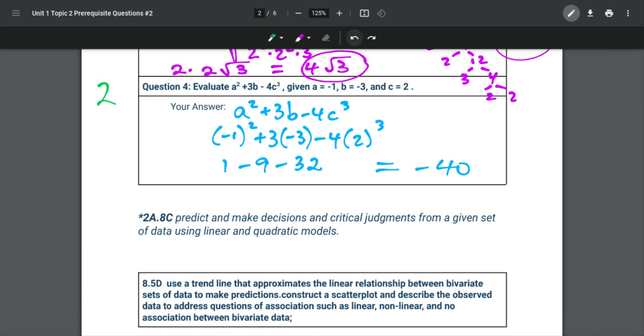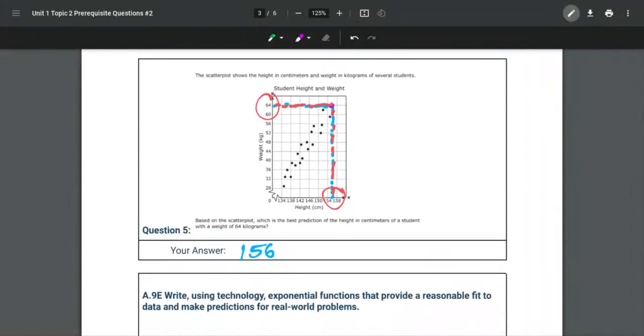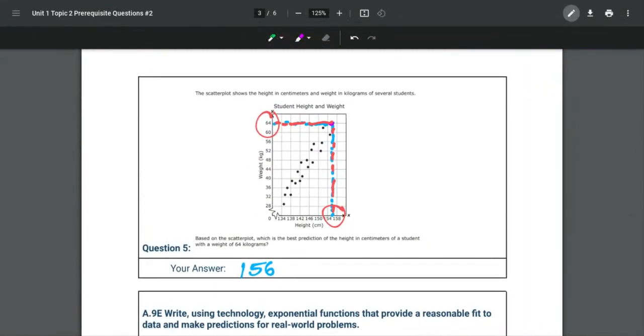That would be wrong. Anyway, -40. Cubed obviously means 2 cubed is 2 times 2 times 2. That's 8. And then you multiply that by 4, negative. There you go.